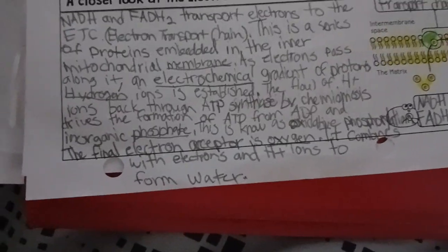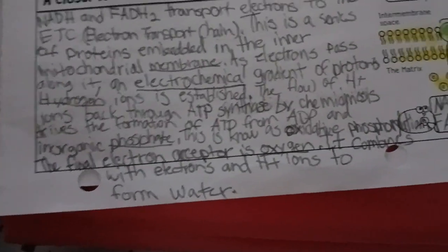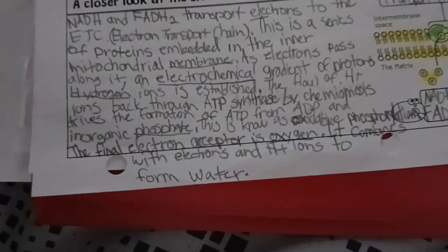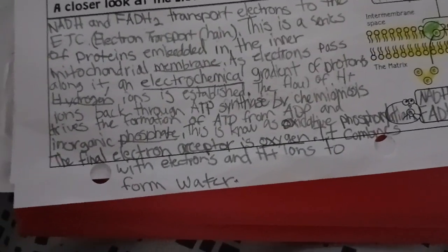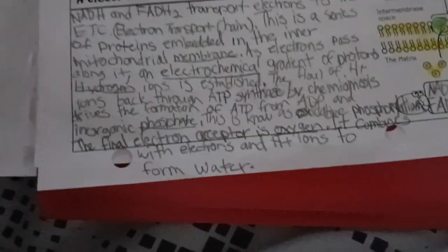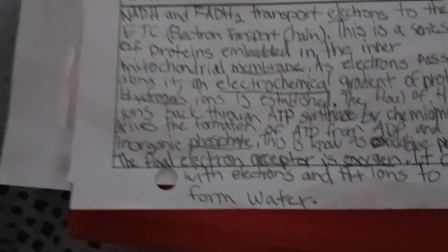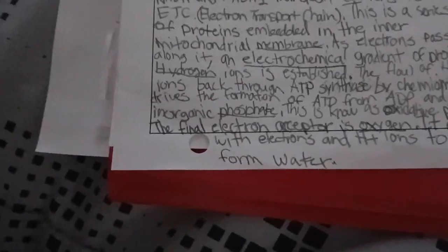The flow of hydrogen ions back through ATP synthase by chemiosmosis drives the formation of ATP from ADP and inorganic phosphate. This is known as oxidative phosphorylation.